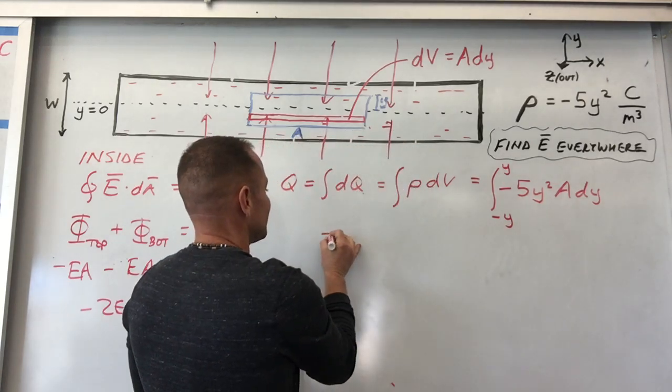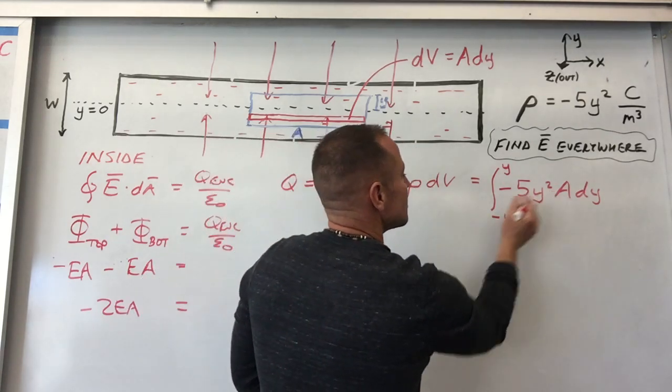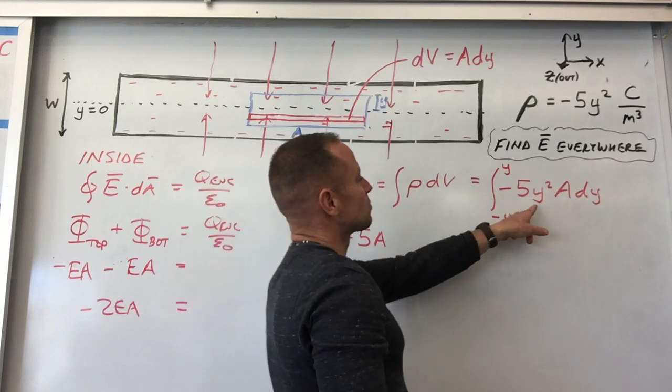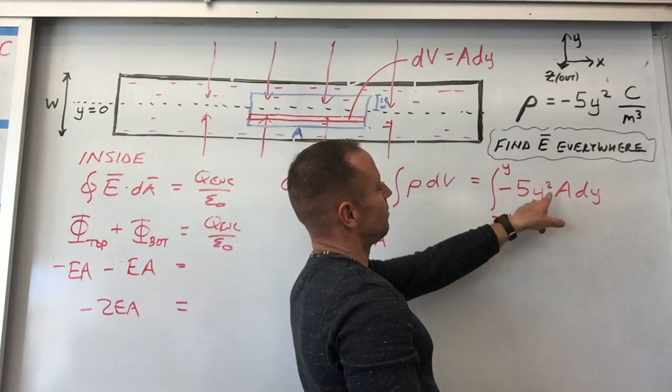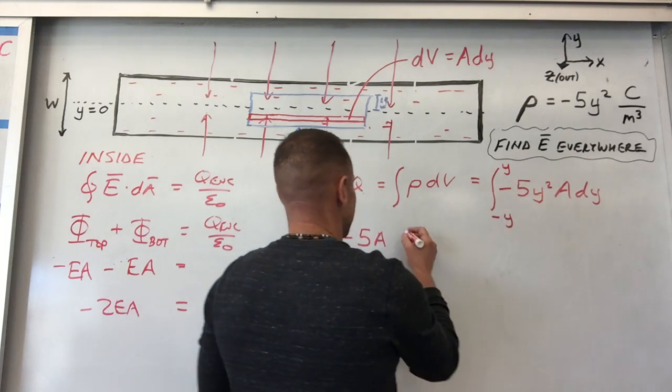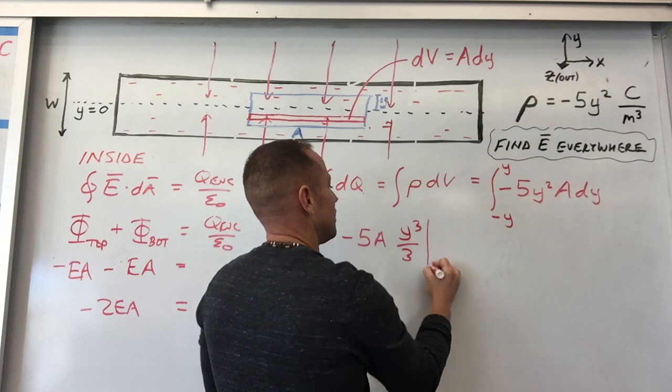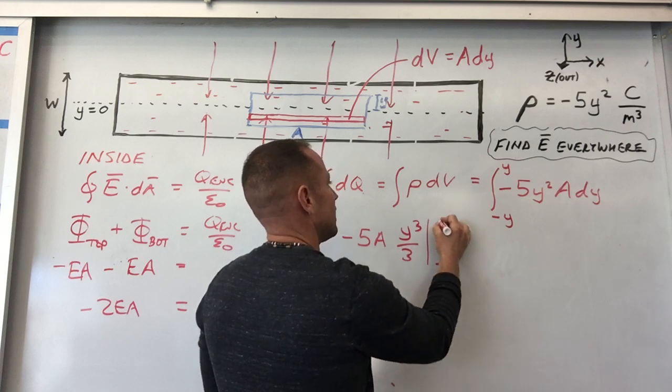Our Q enclosed is going to be minus 5A, which are constants, and then this y squared integrates to y cubed over 3, evaluated at minus y and y.